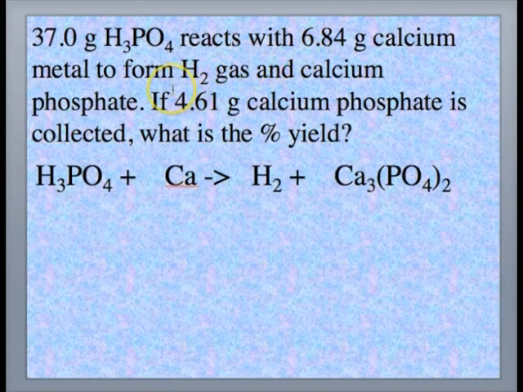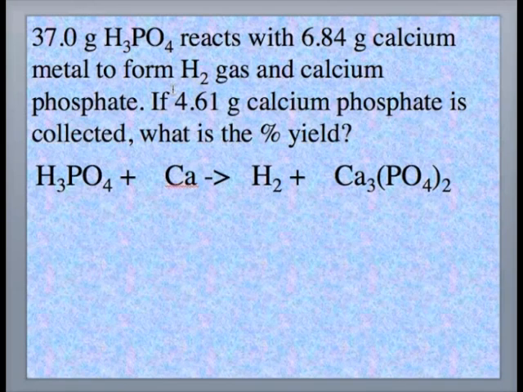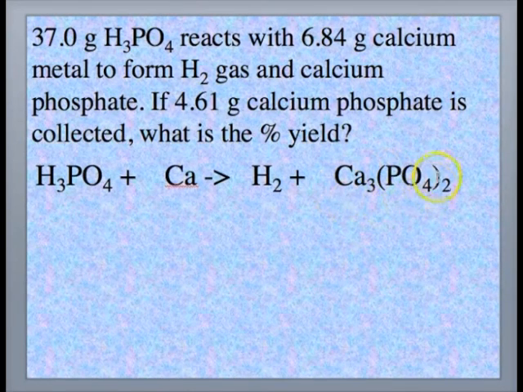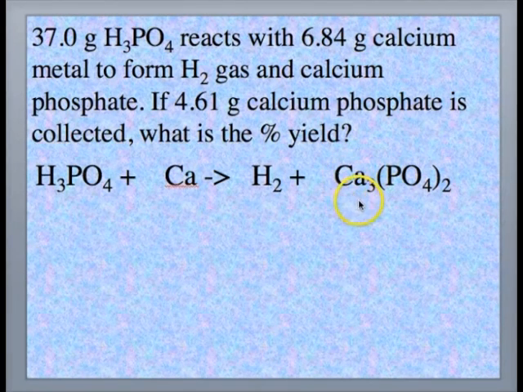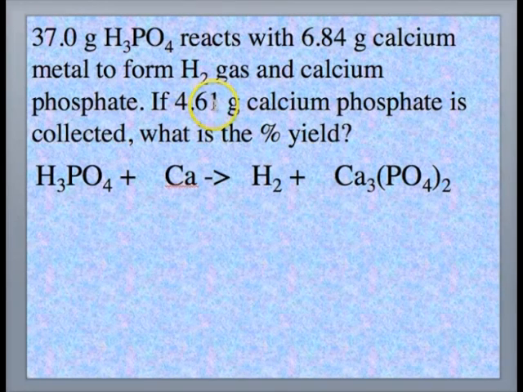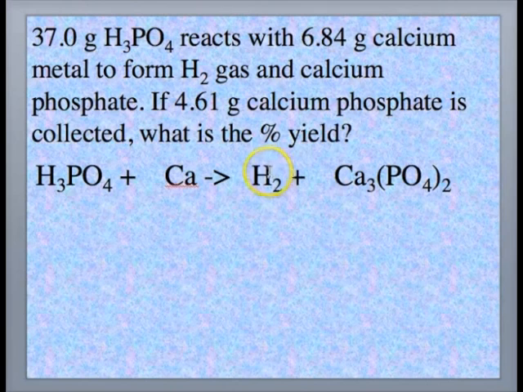And once you know that, you can calculate from that limiting reagent the amount of calcium phosphate that forms, and that will be the theoretical amount. The 4.61 is the actual amount of calcium phosphate collected, so now you can calculate the percent yield.